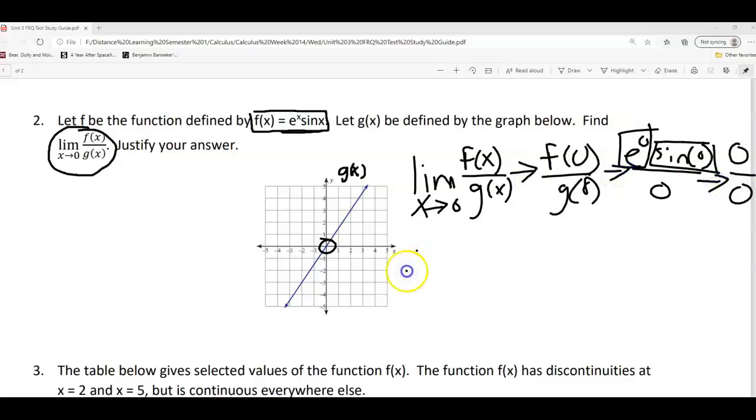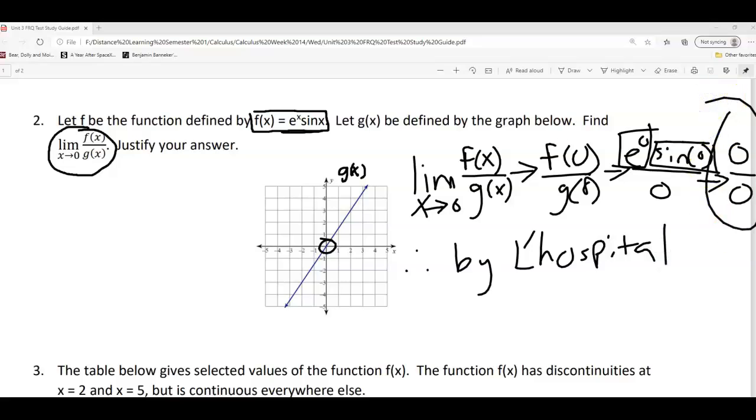So we're going to say, therefore, by L'Hopital, okay, so already you want to make sure you're showing some things. You need to show that you get an indeterminate form, but don't put equal signs, put arrows.